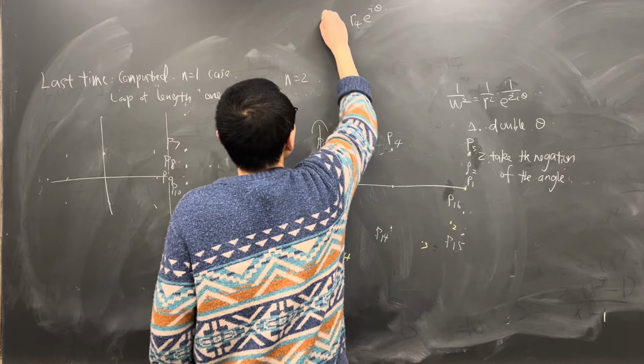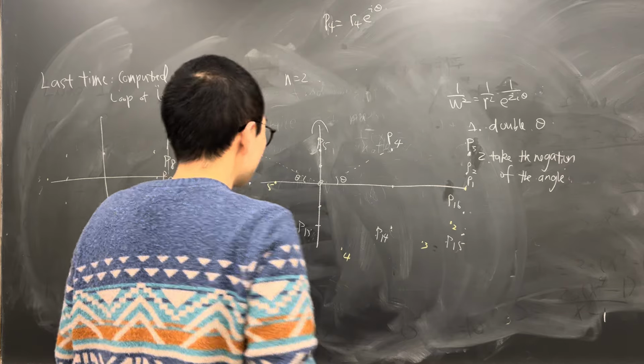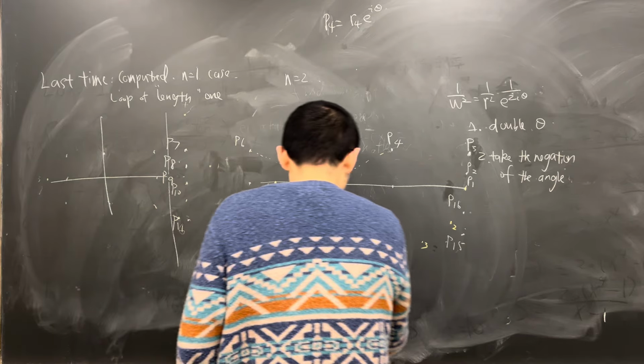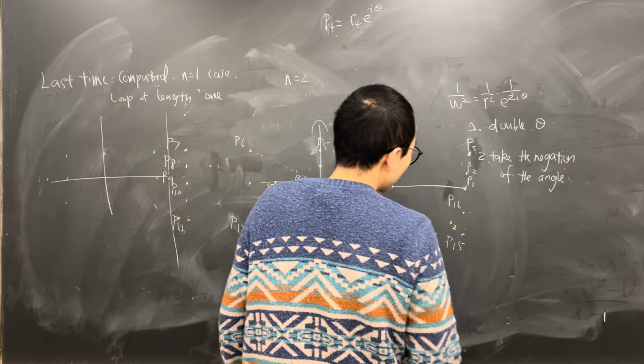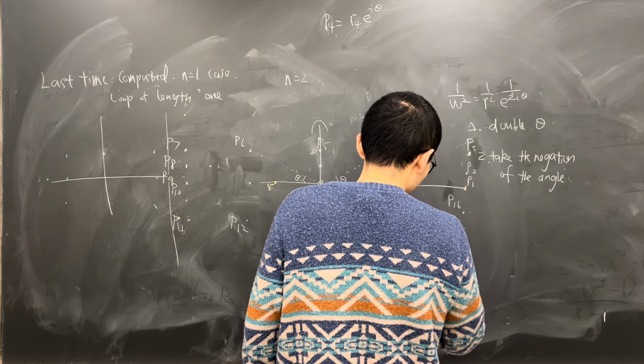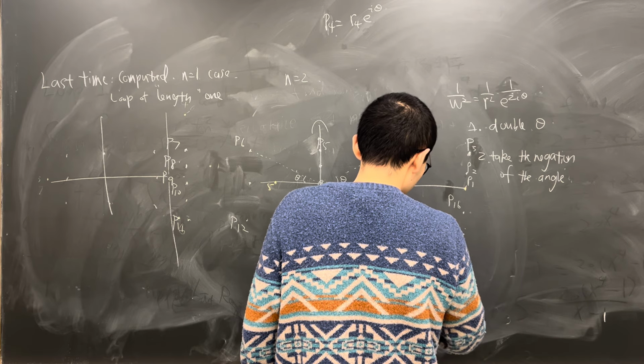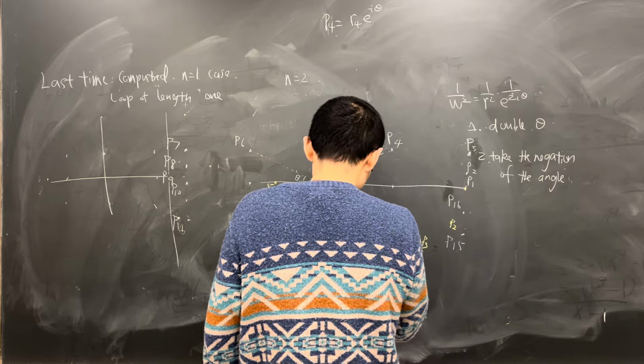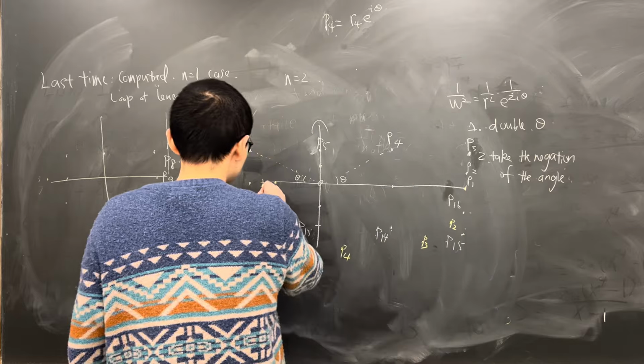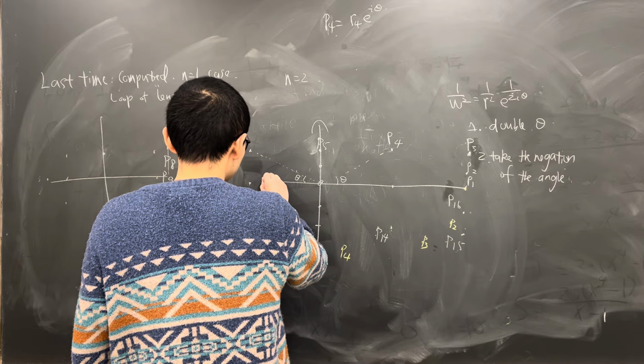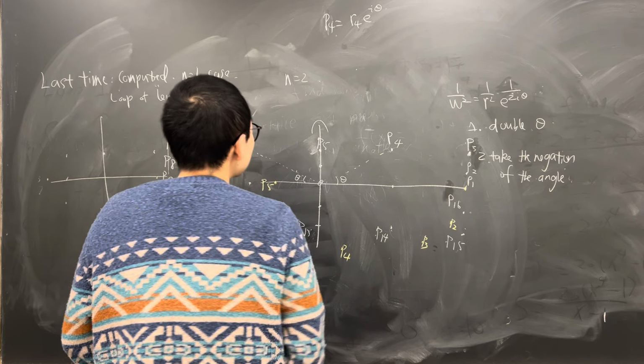So P1 stays here, and P2 goes to here, P3 goes to here, P4 goes to here, and P5 goes to here.